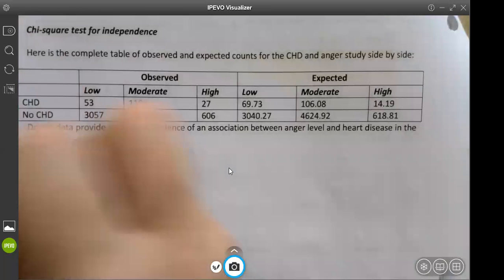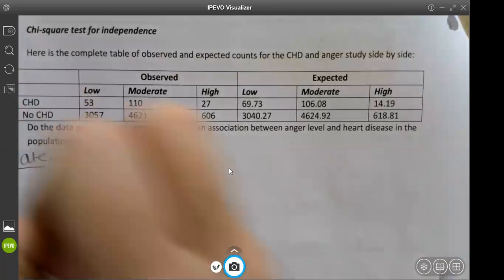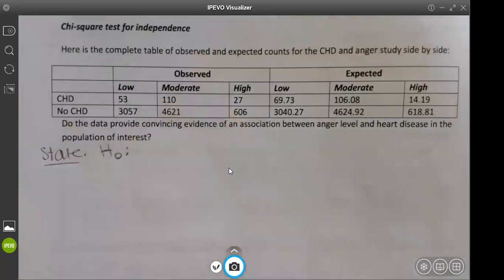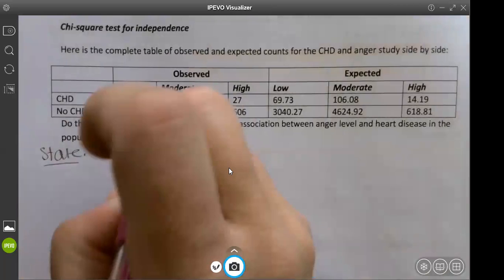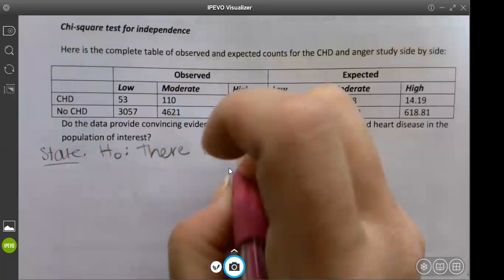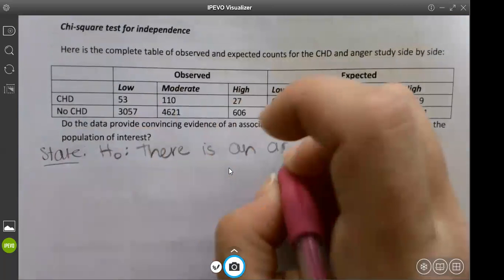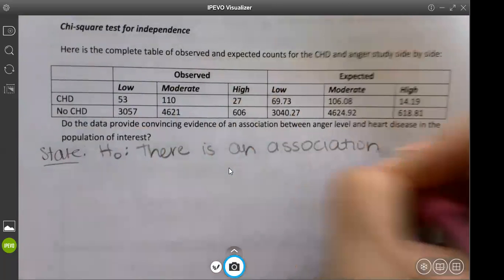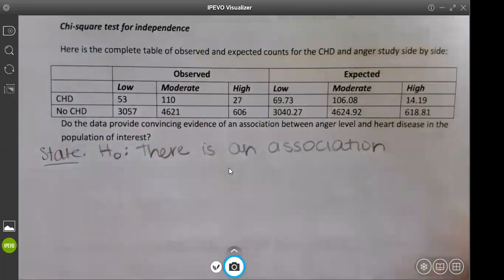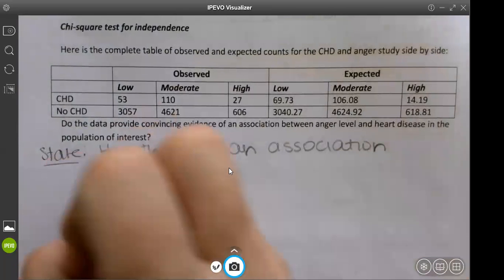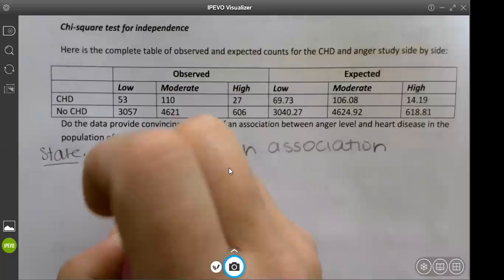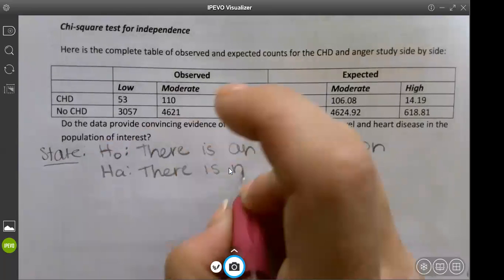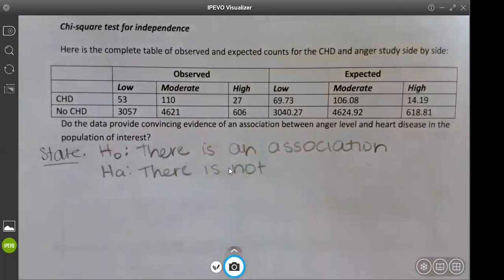So in our state step, we're going to have our null hypothesis: there is no association. And our alternative: I'm sorry, it's the other way around.